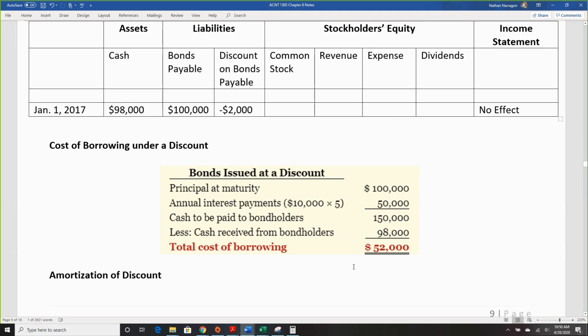So 98K tells us this is how much it costs us to basically issue the bond. About 52,000. That's the cost of borrowing. That's what it's trying to tell you: if I issue a 100K bond and it's only going to fetch me 98,000, then overall the cost to have the bond is going to be about 52,000. That's all it really is. It's a little formula for you.